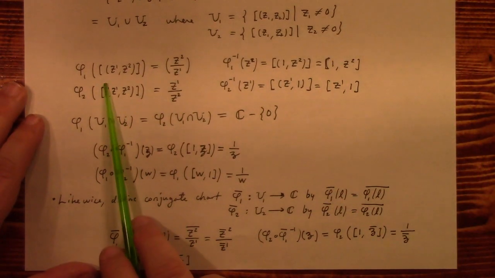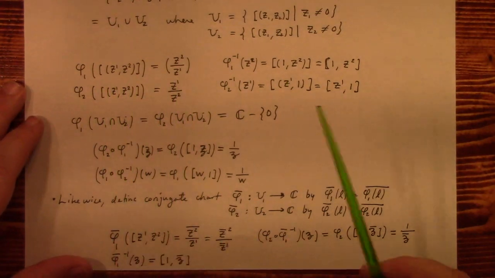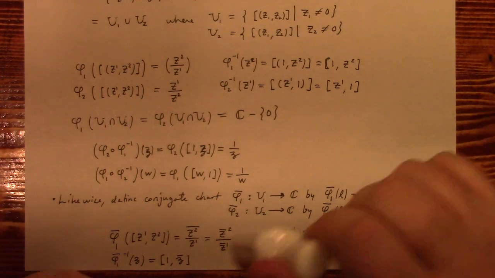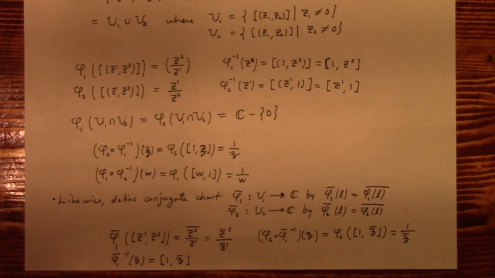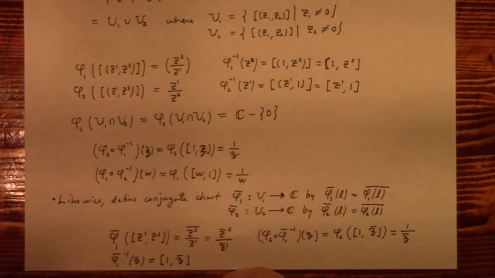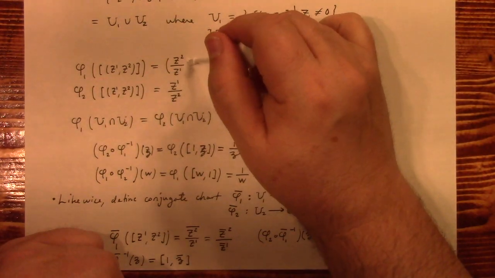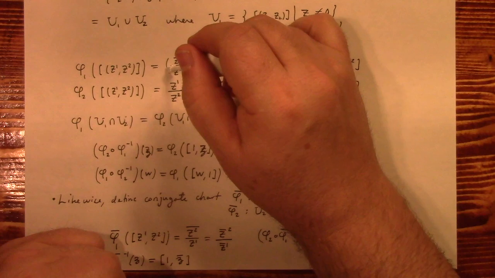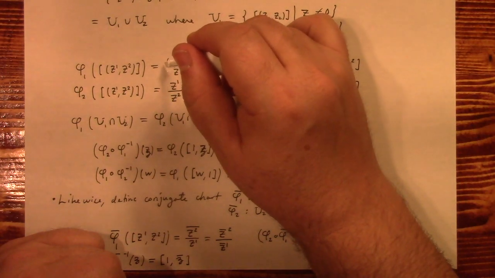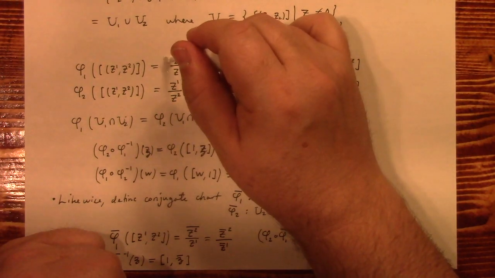So here's my coordinate chart, phi1. Here's my coordinate chart, phi2. It's the ratio of z2 to z1 or z1 to z2, and they're both defined. I don't really need parentheses here, do I? It's just a single quotient of complex numbers.